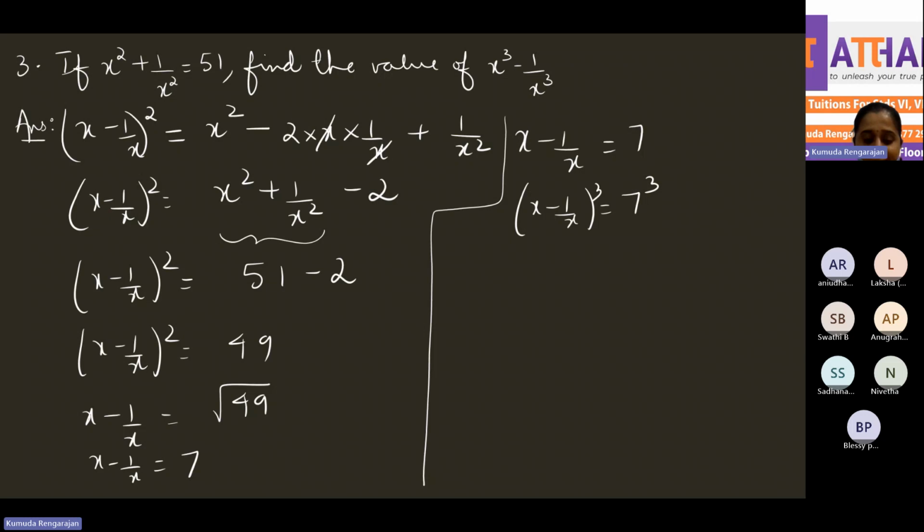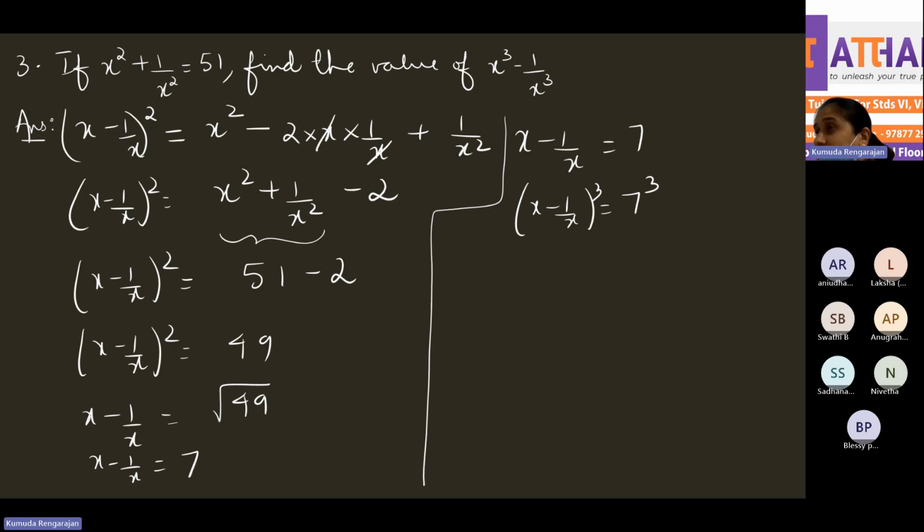A cube minus B cube minus 3AB into A minus B, right? Check this. A cube minus B cube minus 3AB. That is 3AB will be x into 1 by x now, into A minus B, 7, is equal to 343.